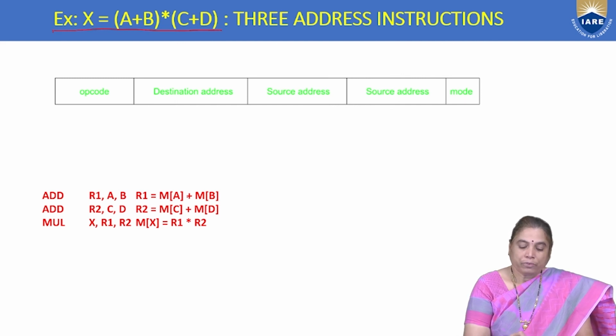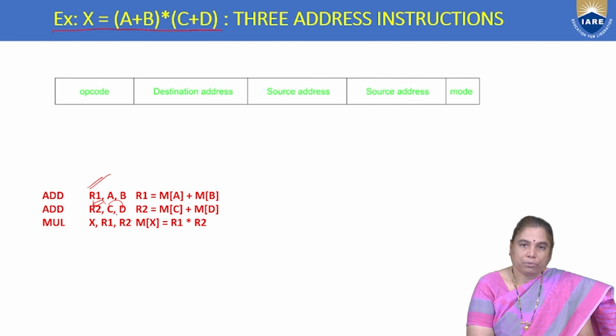Here, first ADD R1, A, B, and the result is stored in the register R1. Then ADD R2, C, D. C plus D is performed and the result is stored in R2. Next, MUL X, R1, R2.